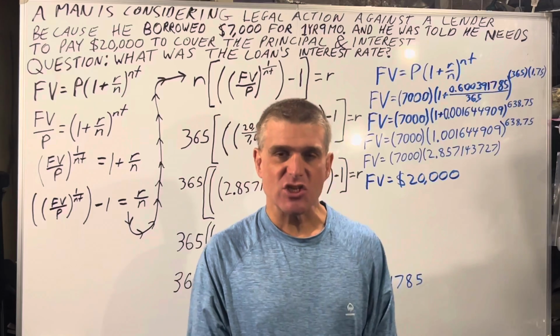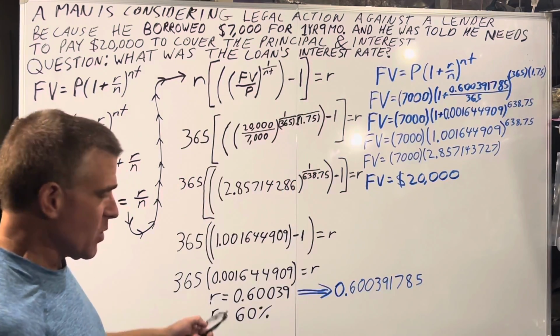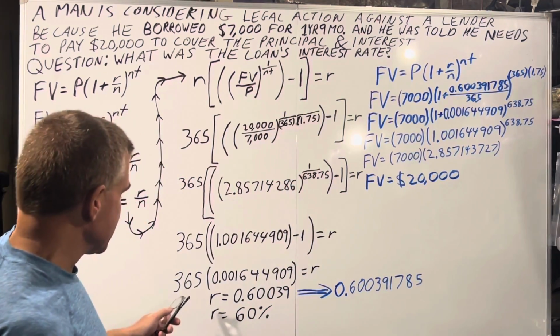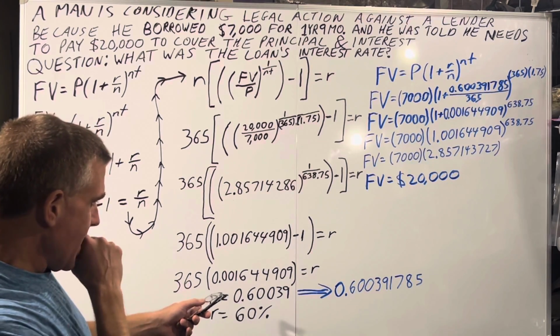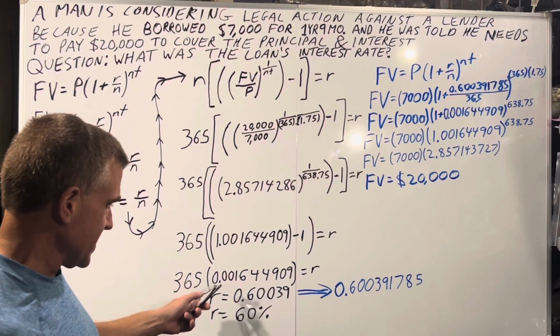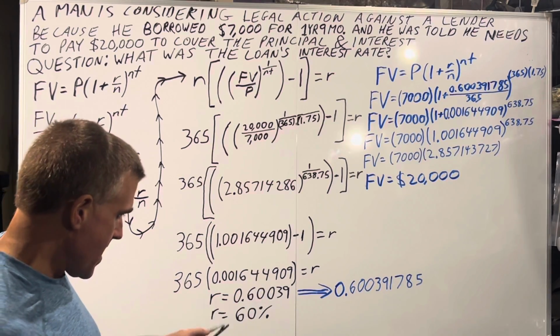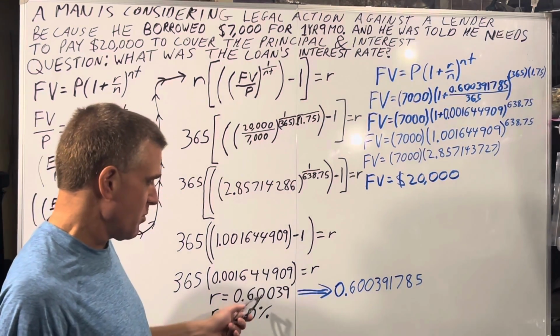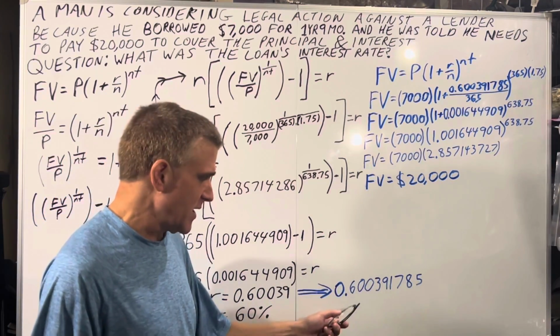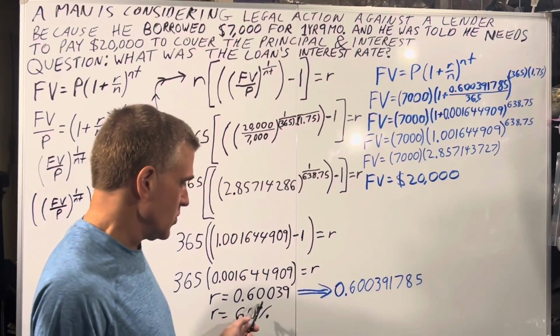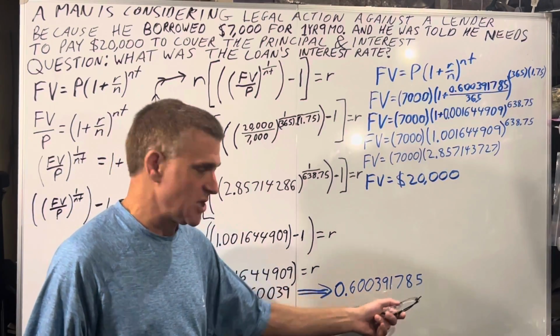Okay, now let's check our work. So remember, one of the last steps was to multiply 365 by this number here, 0.0016, and I rounded it down to 0.60039. But the only thing we're going to do differently when we check the work is we're going to expand this out a number of digits.